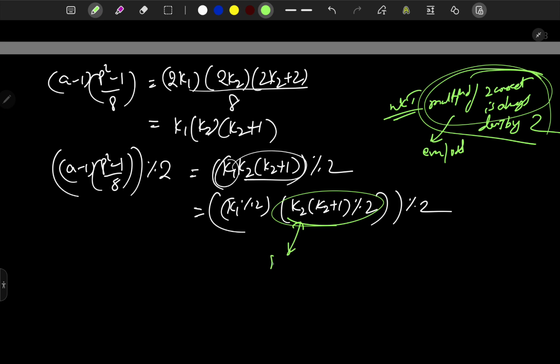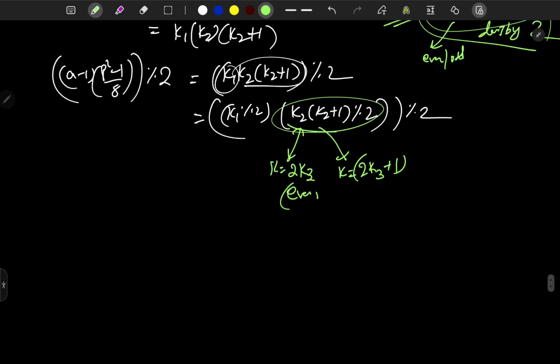Consider two cases: k can be of the form 2k3, the even case, or of the form 2k3 plus 1, the odd case. So you substitute here. In the even case, what will happen? 2k3 into 2k3 plus 1. Since 2 is there, it becomes 0.